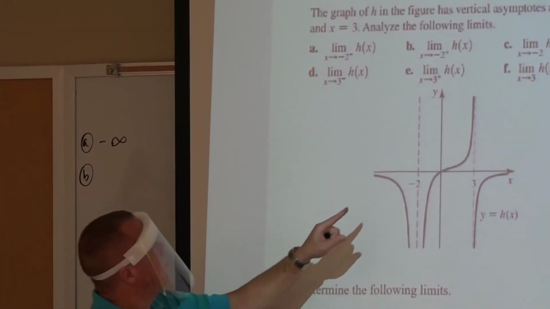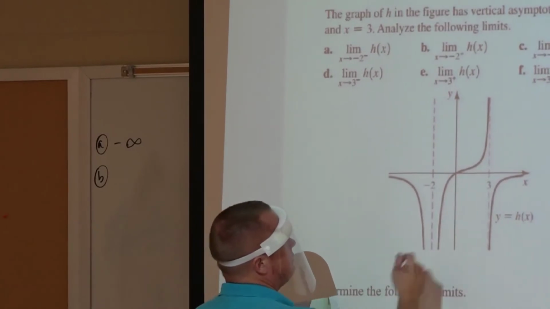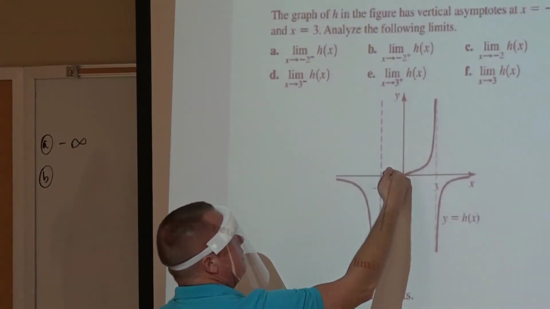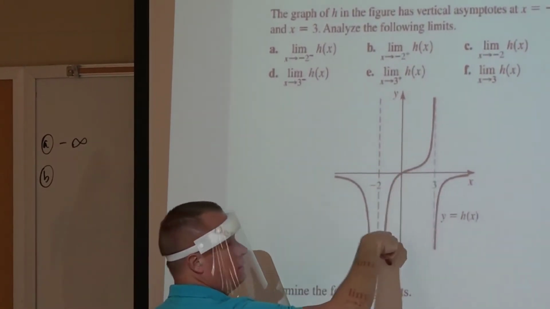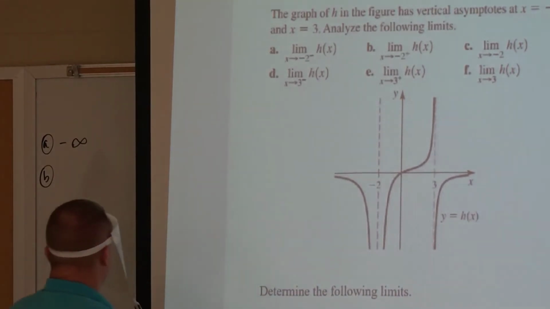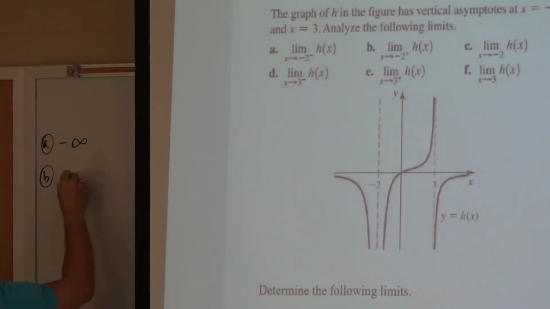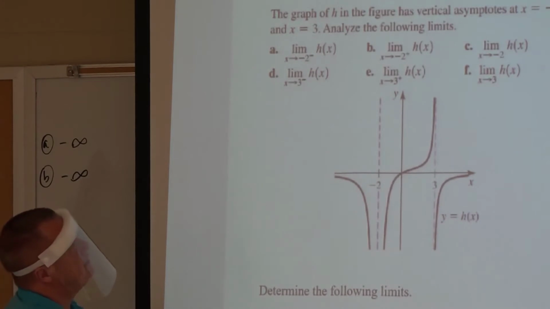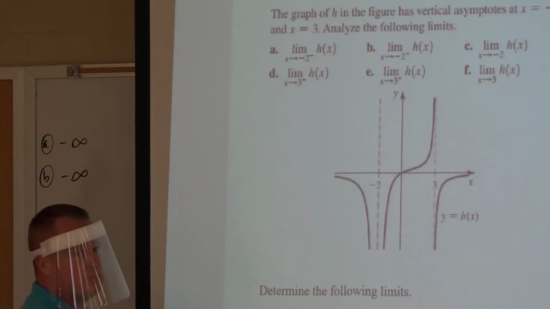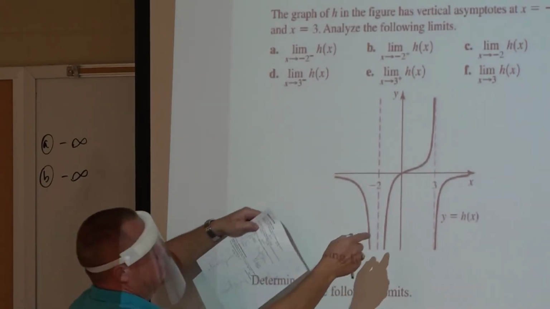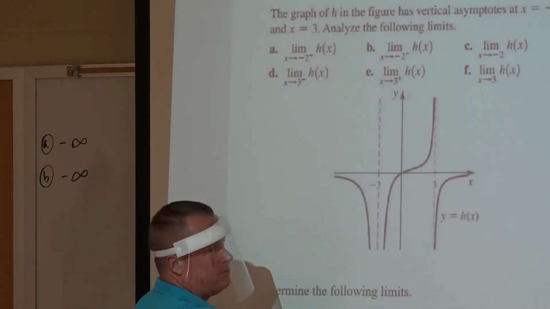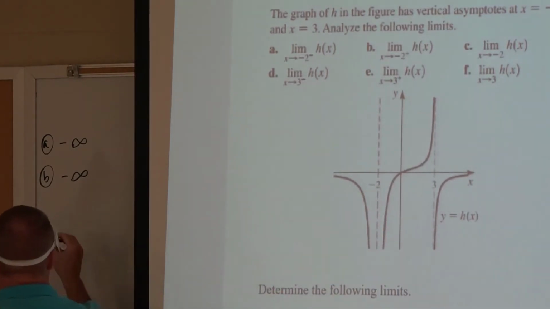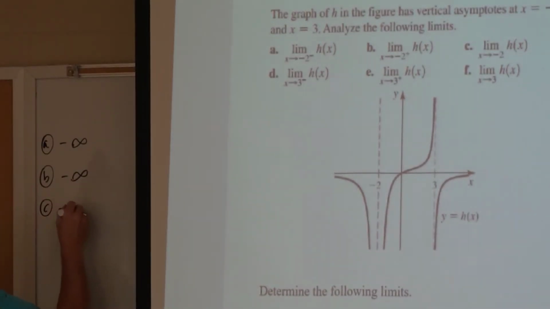B, negative 2 from the right, what would that be? Negative infinity. So what is the limit as x approaches negative 2? Both sides doing the same thing, so I would say it approaches negative infinity.